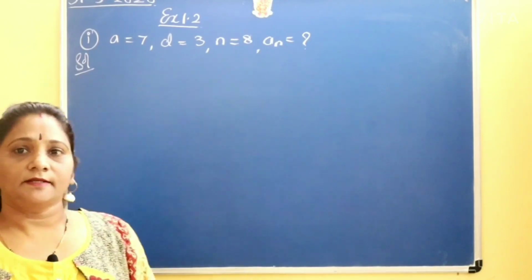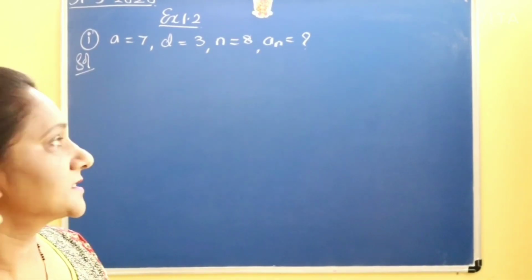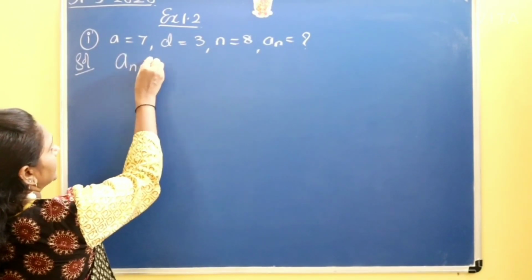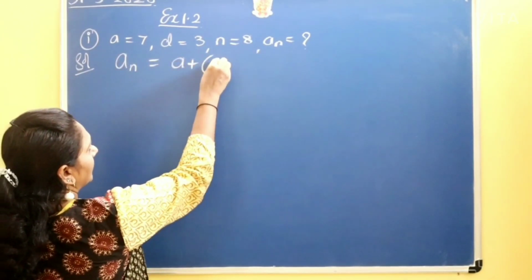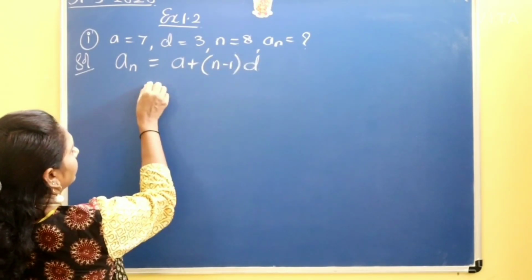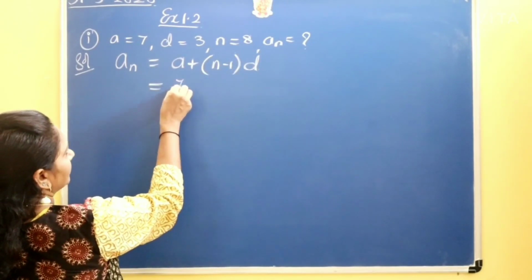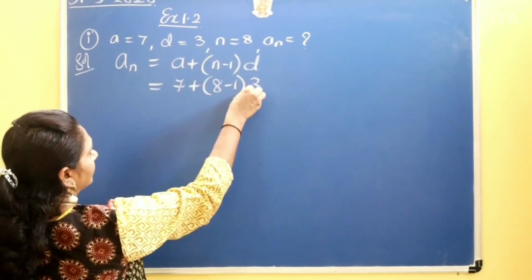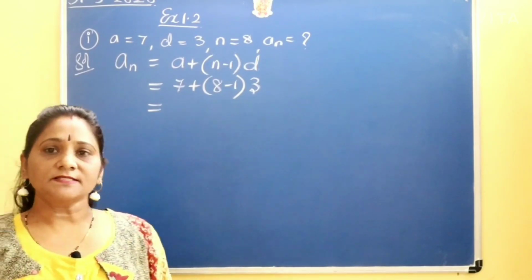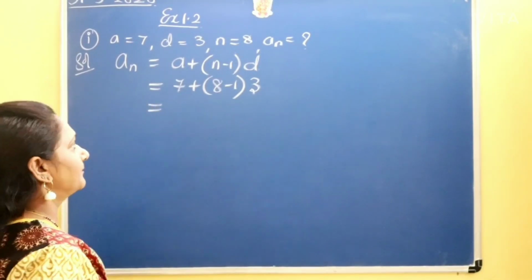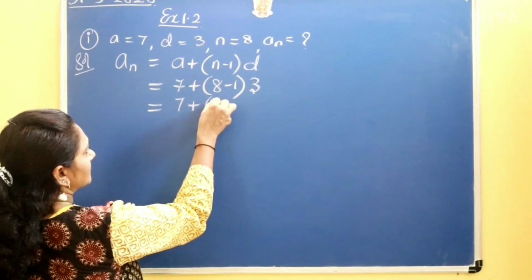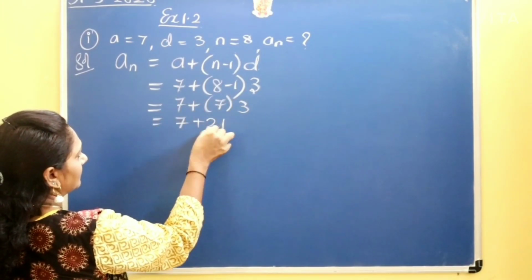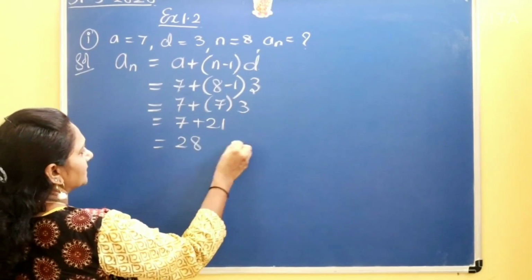So now, when A is given, D is given, N is given, you have to find out AN. AN is equal to A plus N minus 1 into D. So, A is 7 plus N is 8 and D is 3. 7 plus 8 minus 1 into 3, 7 plus 7 into 3, 7 plus 21 is equal to 28.